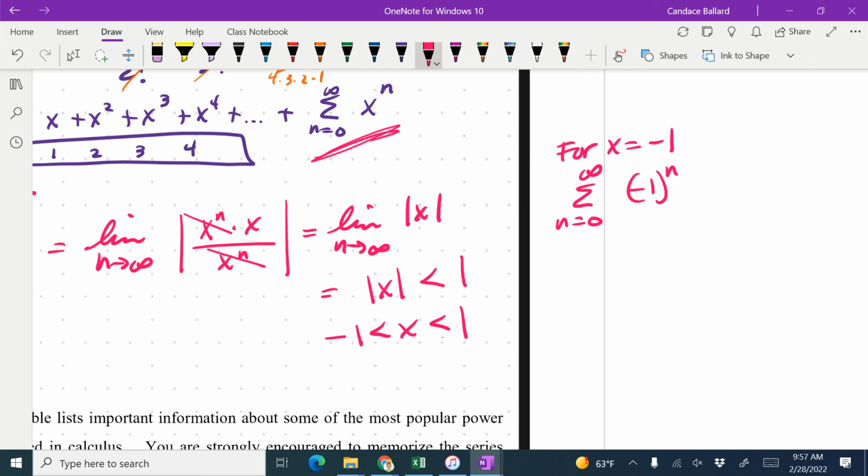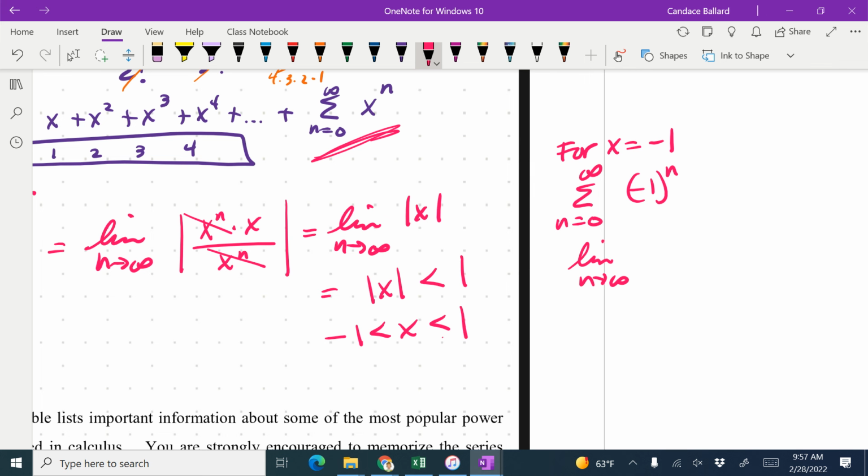I think the nth term test would probably work on it, wouldn't it?